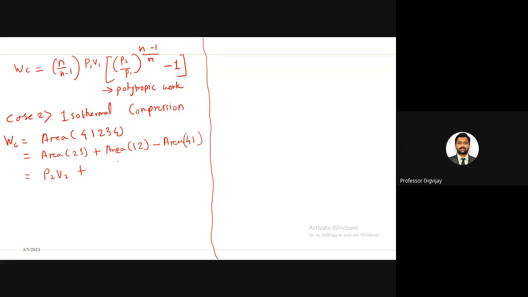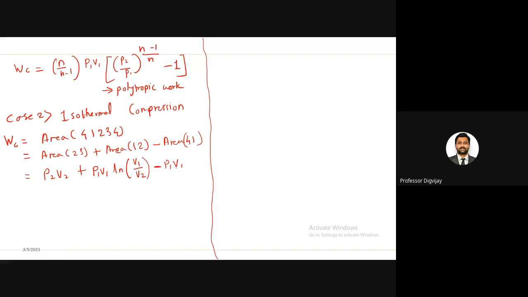Now you have studied in the first chapter that if I want to calculate the work in an isothermal process, that will be equal to, starting from the pressure P1, P1 V1 natural log, or ln, V1 by V2, or you can take P2 by P1 also, minus P1 V1.